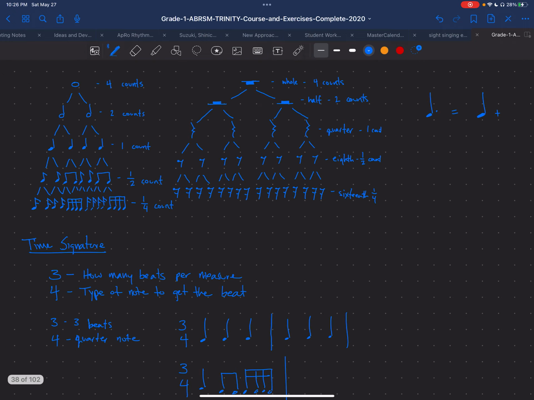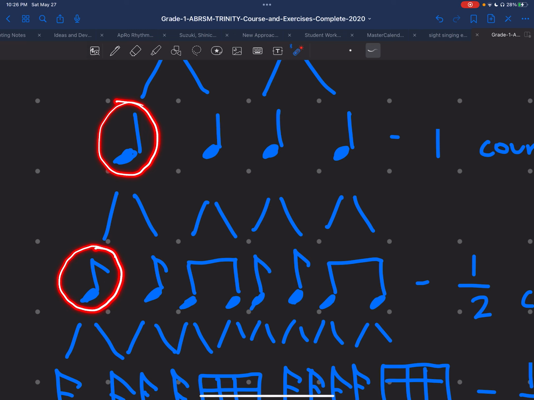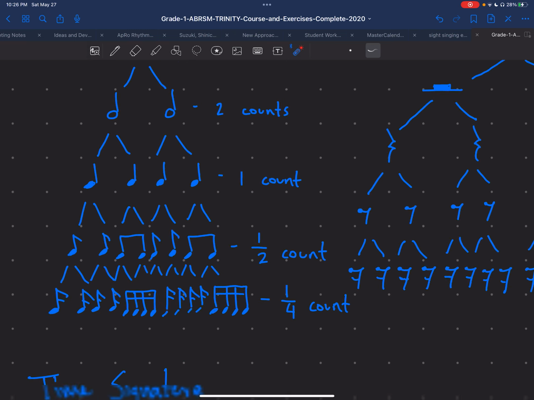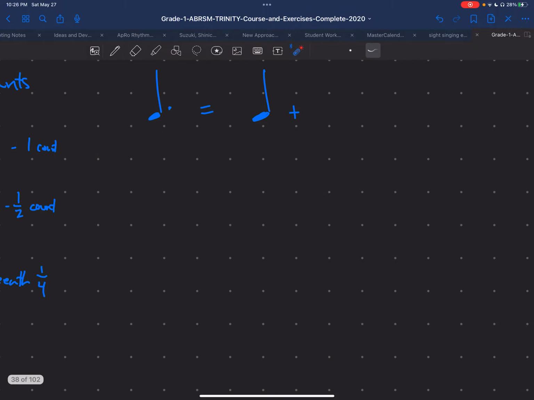Half the value of a quarter note is going to be an eighth note. So that means that my dotted quarter note is the same as the value of a quarter note plus an eighth note.